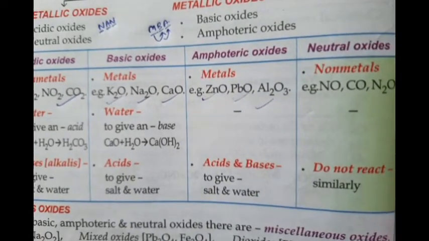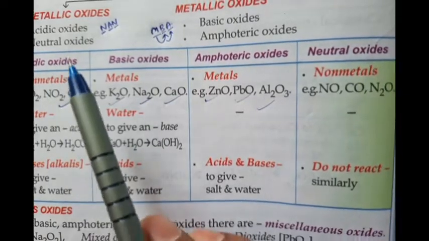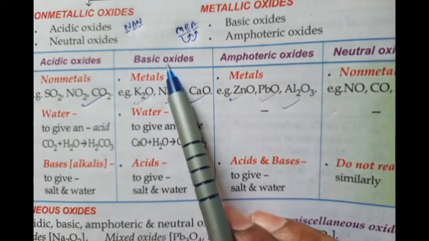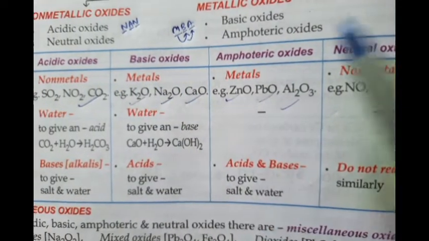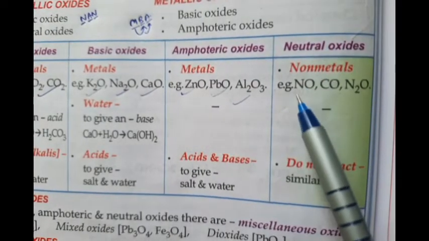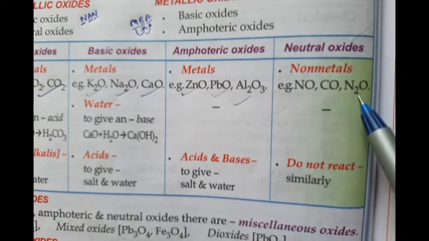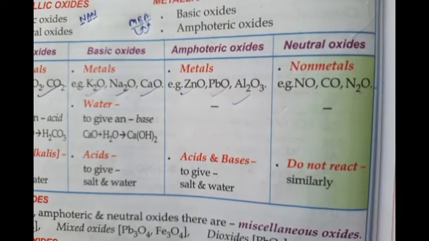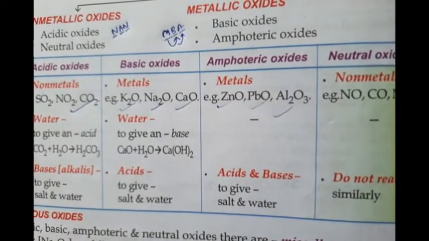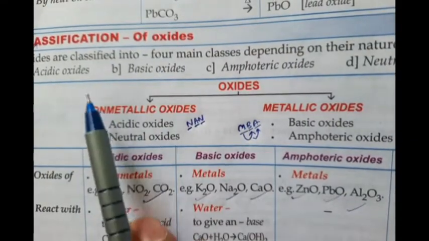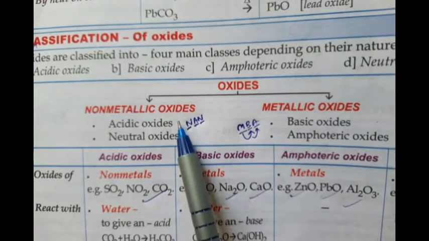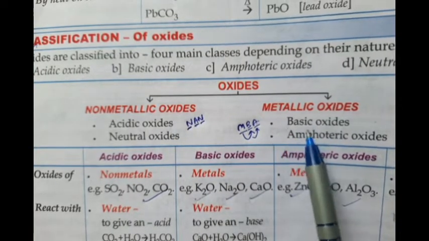And neutral oxide means those oxides which neither act as acidic oxide nor act as basic oxide. Okay, and examples of neutral oxide are nitric oxide, carbon monoxide, and nitrous oxide, students. So do remember the examples. Okay, there are four types of oxide: acidic, basic, amphoteric, and neutral, and remember which come under non-metallic oxide and which under metallic oxide.